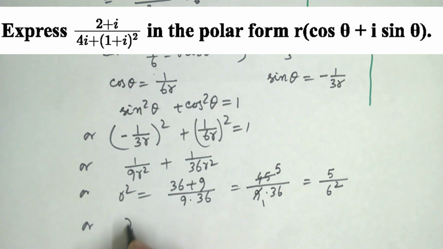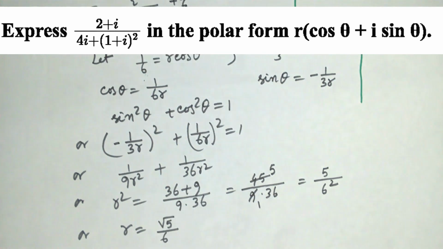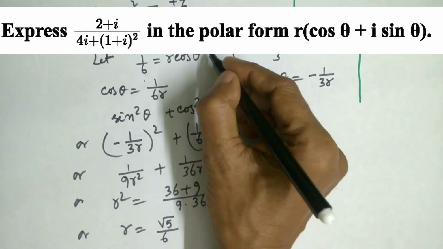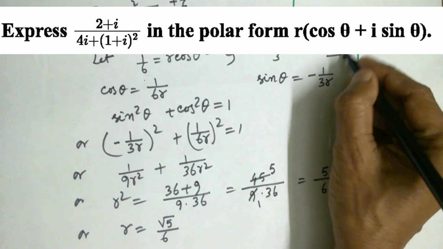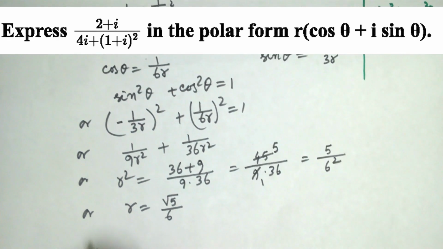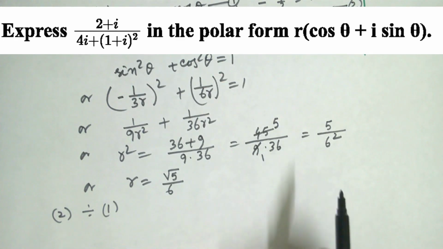So r is equal to root 5 by 6. Now you have to find out θ. Better to name the equations: this is 1 and this is 2. So we divide equation 2 by equation 1.